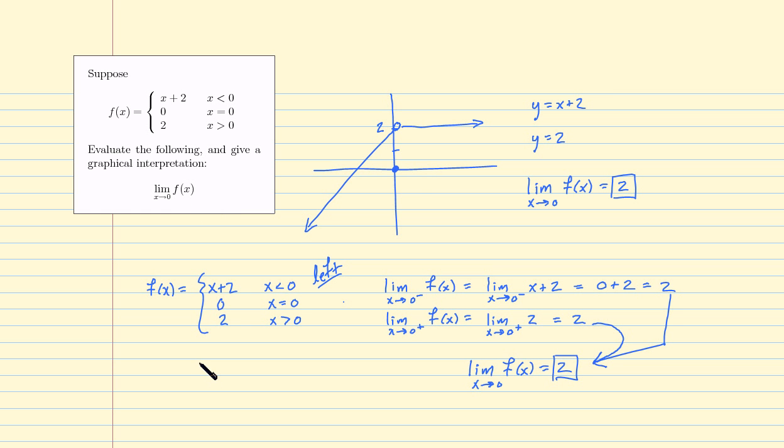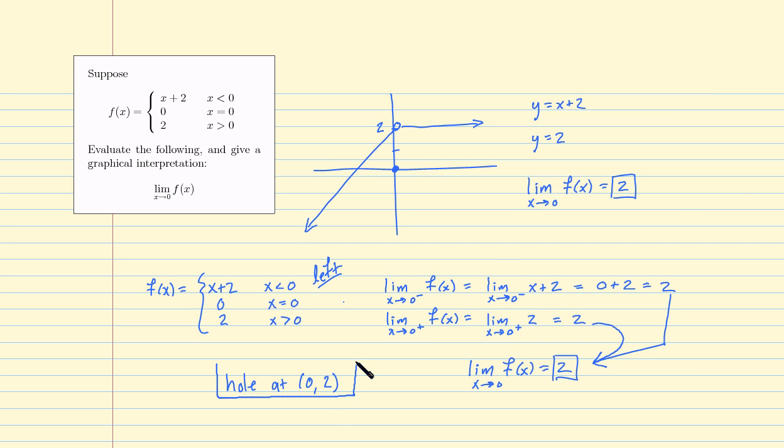Graphical interpretation: looking at the graph, it's very easy to tell. It's just a hole, and I can specify exactly where that hole occurs. Not only does it occur at x equals 0, but I know the y-coordinate. It's 2. So let's say this is a hole at (0, 2).